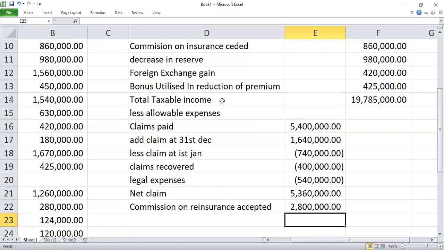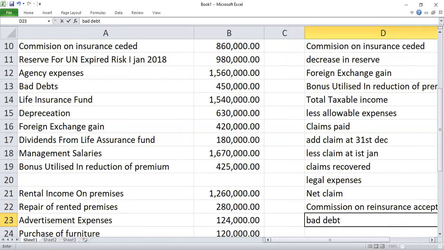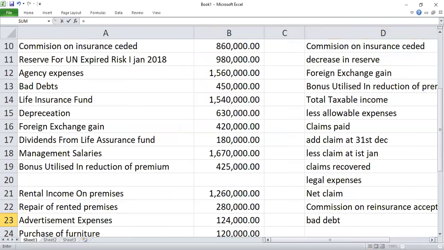We also have the bad debt. The amount of bad debt comes to 450,000.